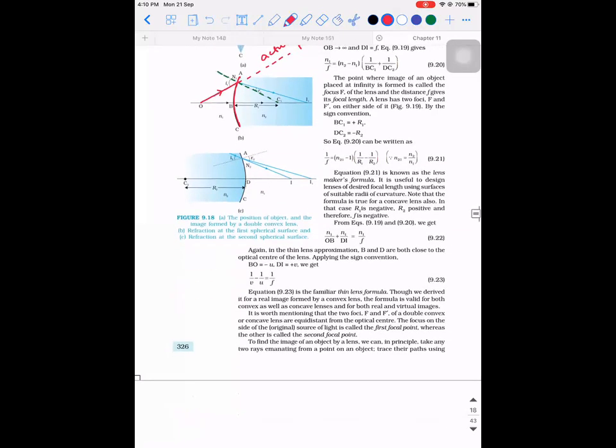Look at the way I'm going to draw. If this is the normal, the dotted line stands for normal, and the actual path is like this, it can bend like this also. You're able to see the bottom diagram. I just drew it above the page number. So what would have happened if the ray has got bent in this way?